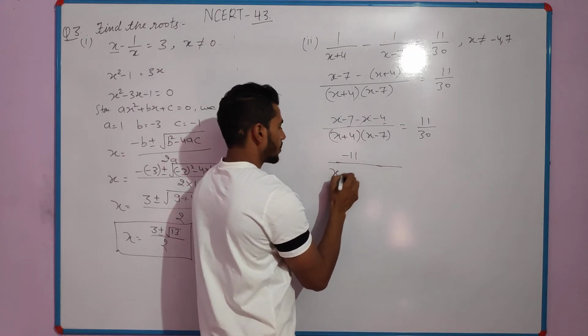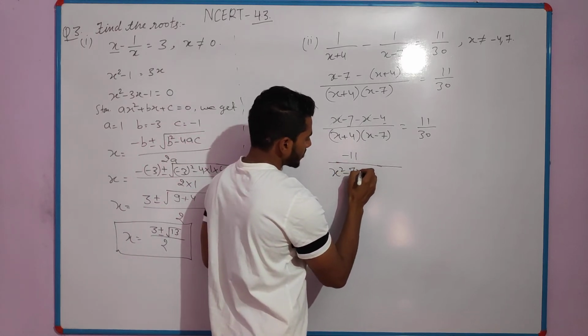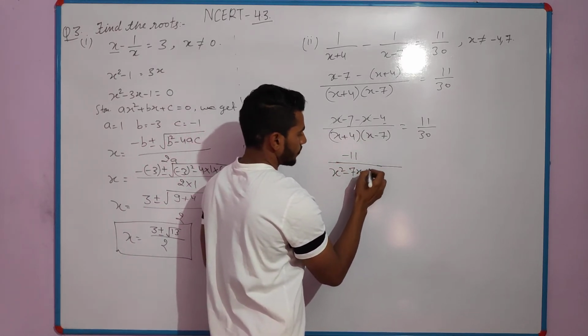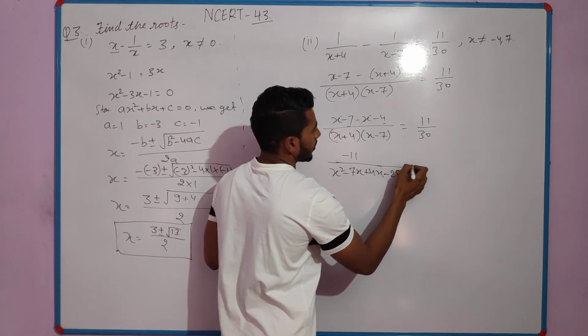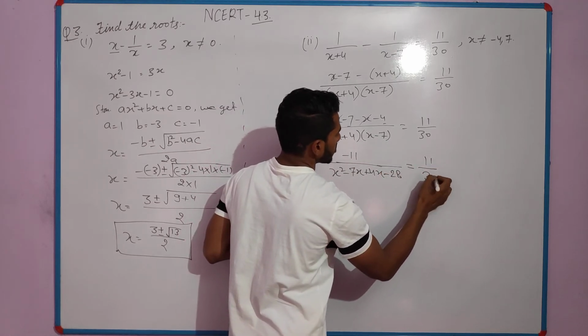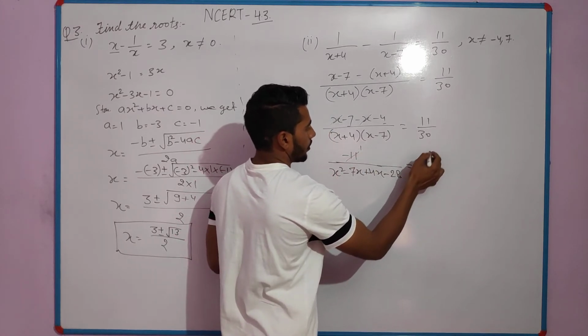x into x is x square, x into minus 7 is minus 7x, 4 into x is 4x, and 4 into minus 7 is minus 28, which is equal to 11 over 30. Now we can cancel 11 and 11.